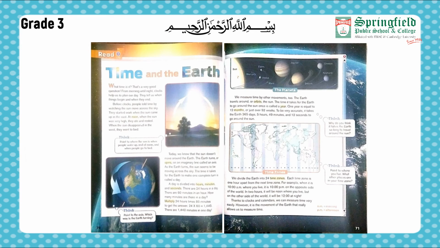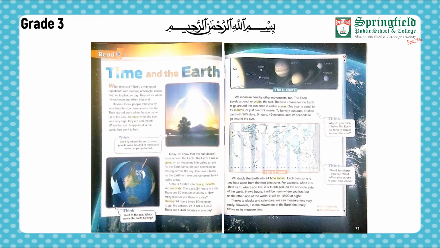So students, I hope all of you enjoyed the text that was about our Earth and time. So we all know there are 9 planets in our solar system. All the planets are orbiting the Sun. Now, as we know, when there was no clock, people used to guess the time by looking at the movement of the Sun.